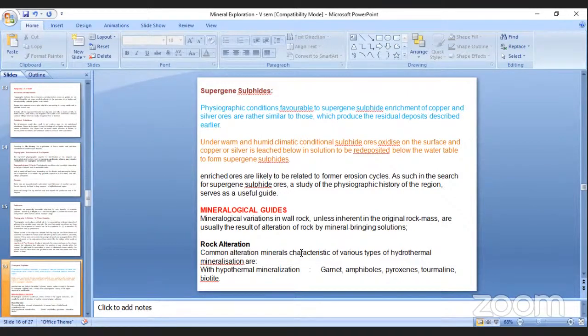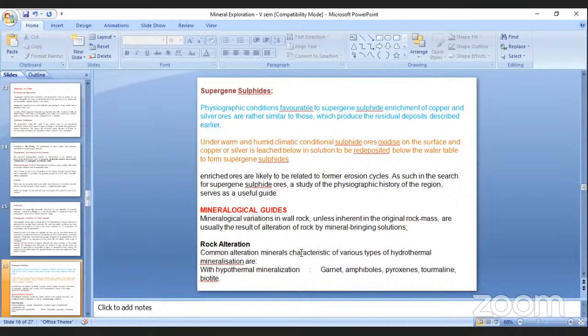Then these supergene sulfides will be formed under the water table. And enriched ores are likely related to former erosion cycles. As such, in the search for supergene sulfide ores, a study of the physiographic history is needed.